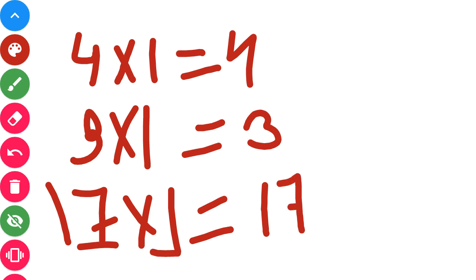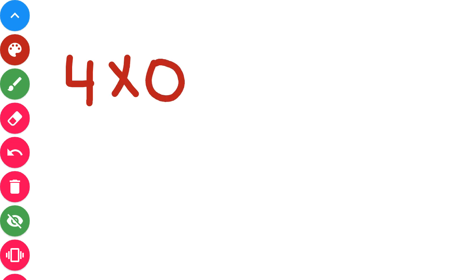Now the next thing that we revised is the multiplicative property of 0, which states that if we multiply any number by 0, we will get the answer 0.